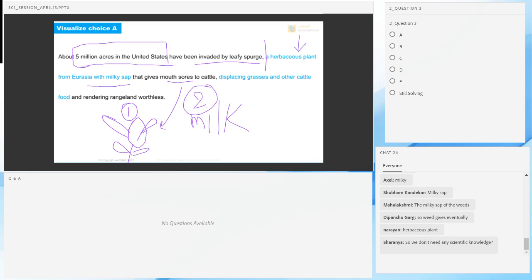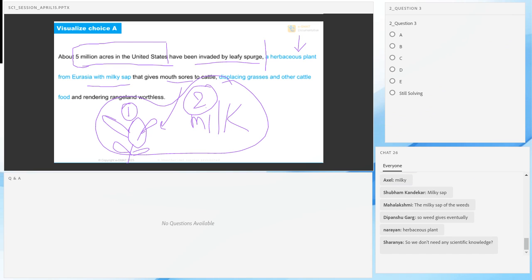In this case, the milky sap is in the weed. That is why you say that the weed itself gives the mouth sores. So, very good question and very good answers. Got it? And this is where visualization comes into the picture. Okay, you are visualizing each and every element over here.